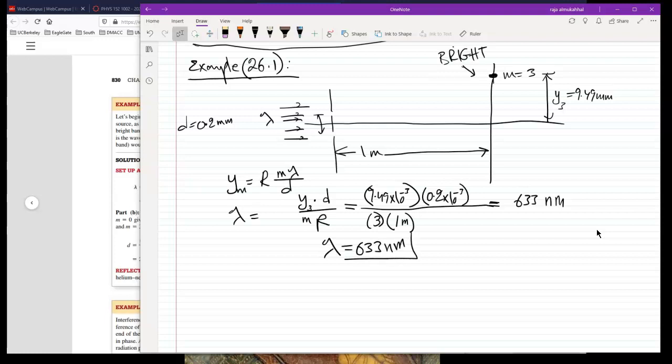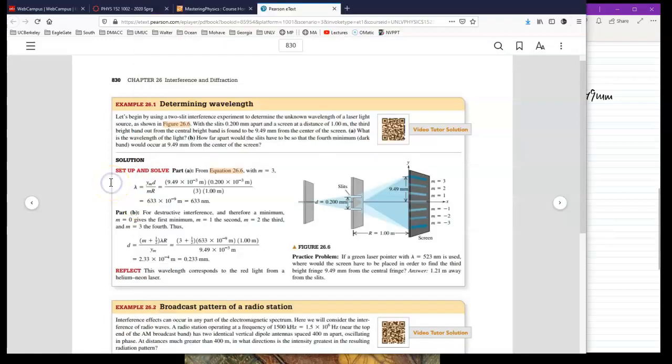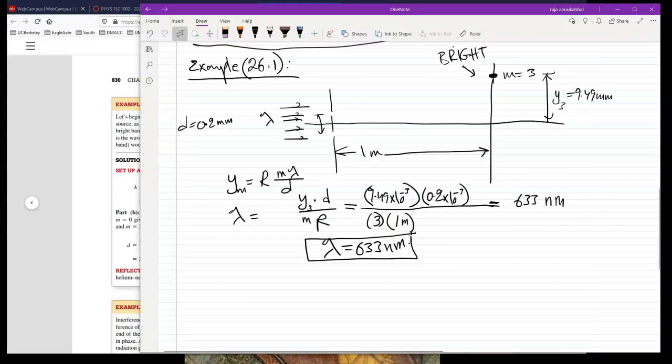You can, of course, look up a table and say which color has a wavelength of 633. I'm not sure what it is. I know 550 is green, so this one is a larger one, so it's after that. Probably blue because he has a blue color here. Maybe. I'm not sure, but it kind of sounds like blue. Anyway, this is how you do that, okay?